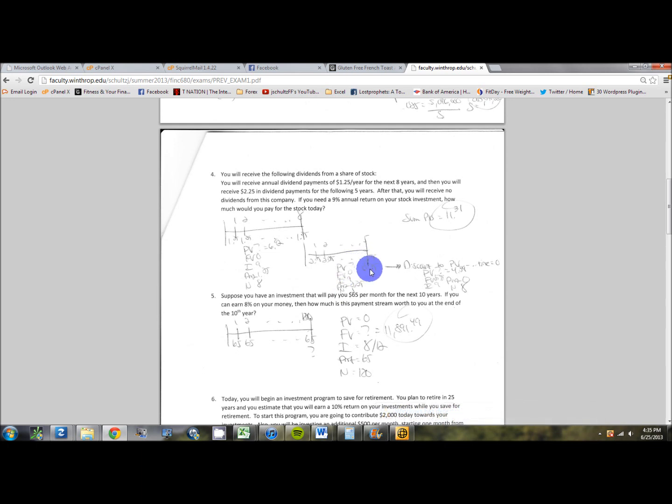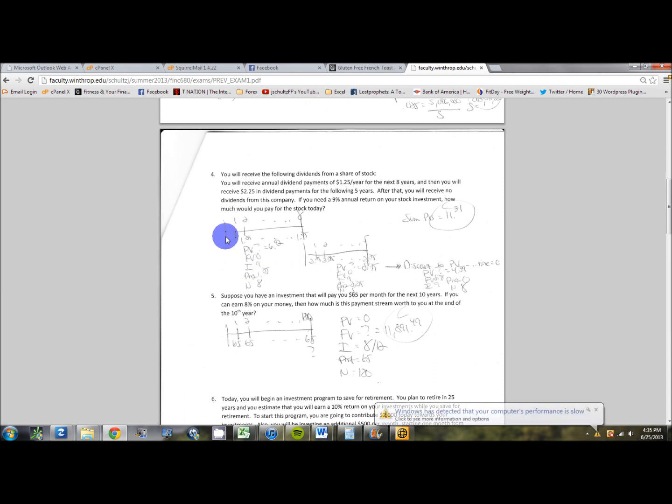However, much like the bond problem I made a video on from the previous second exam, I think it was number 10, you have to remember that this $8.75 is a present value, but it's the present value when this annuity begins, which would be right here.